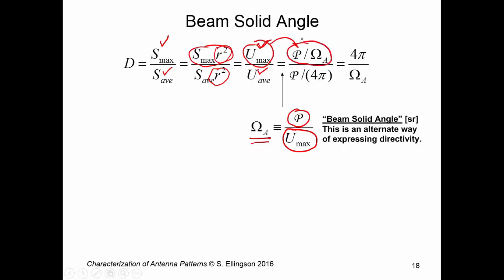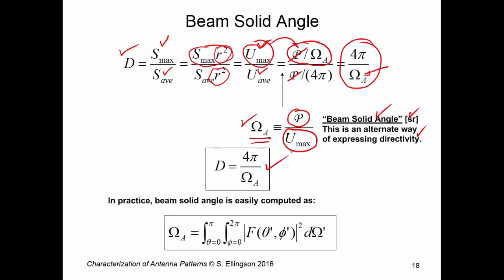That's P divided by omega sub A. We see that the P's cancel out, and I end up with 4 pi over omega sub A. So apparently this beam solid angle is closely related to the concept of directivity. So let me reiterate, this quantity, omega sub A, we call it the beam solid angle, has units of steradians, and is simply an alternative way of expressing directivity.